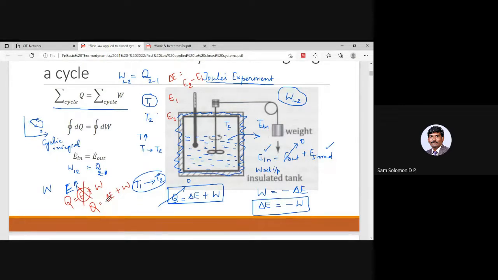Are you able to understand this? So it should always be Q is equal to delta E plus W. In a later sense, we will be calling it Q equal to delta U plus W.